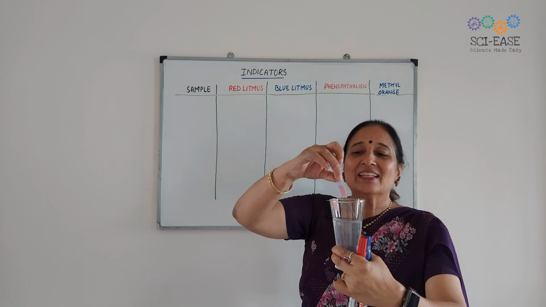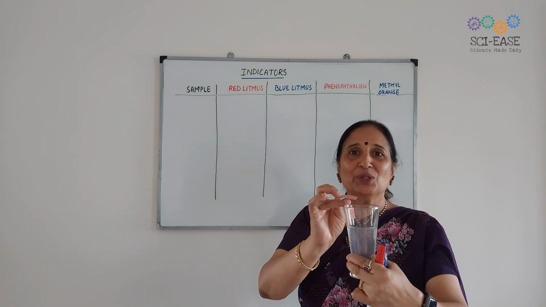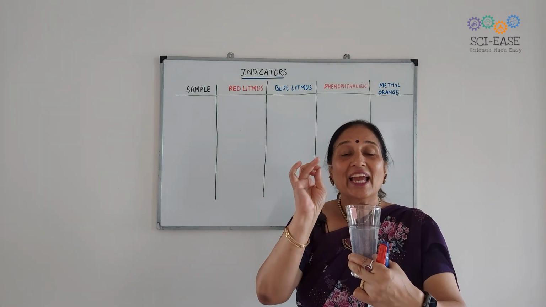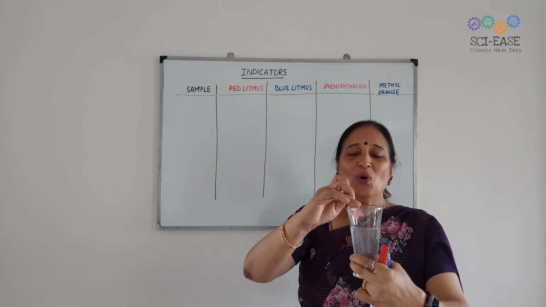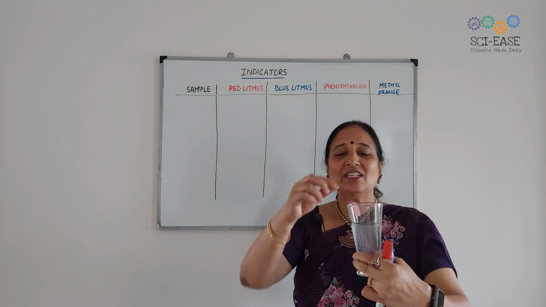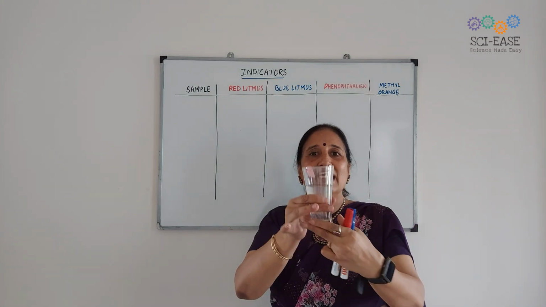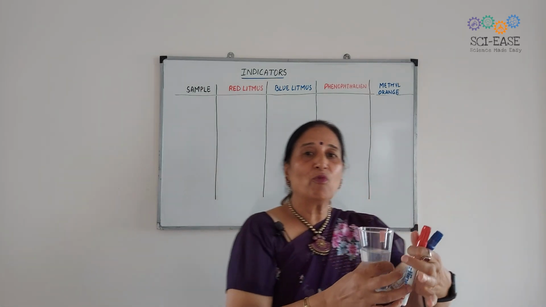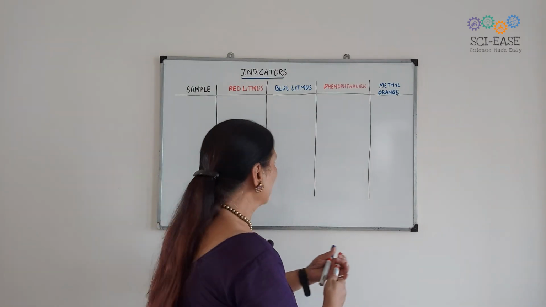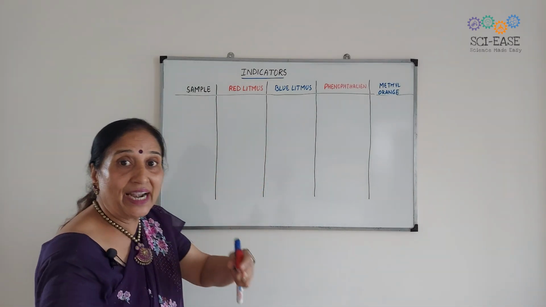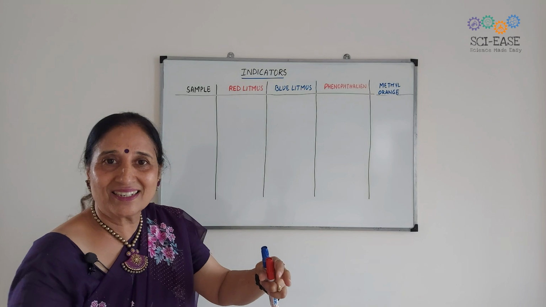This means that this solution, suppose solution A, is an acid. So, what will be the color change? If the solution is acid, then blue litmus changes to red, and red litmus will remain as it is.